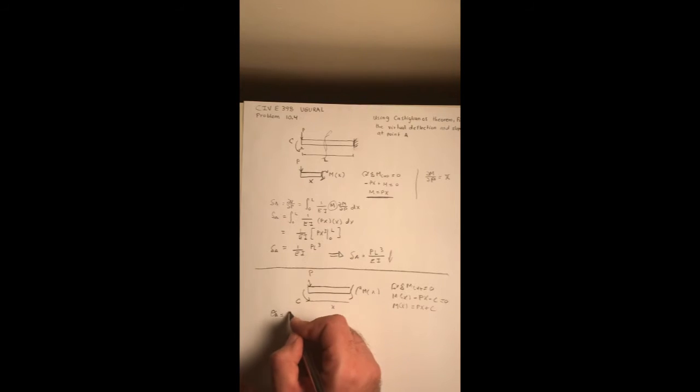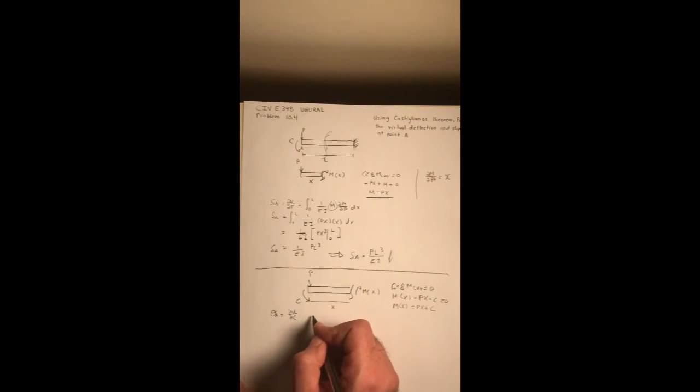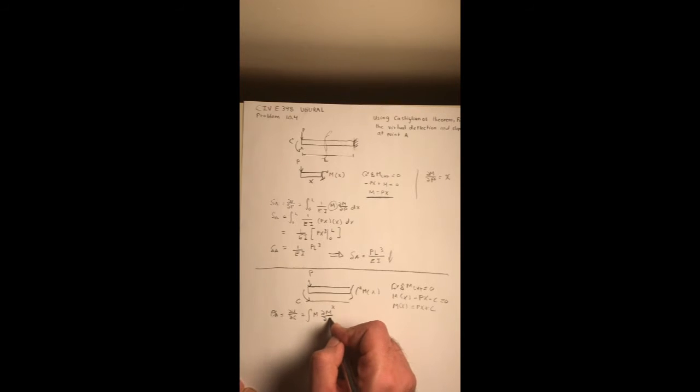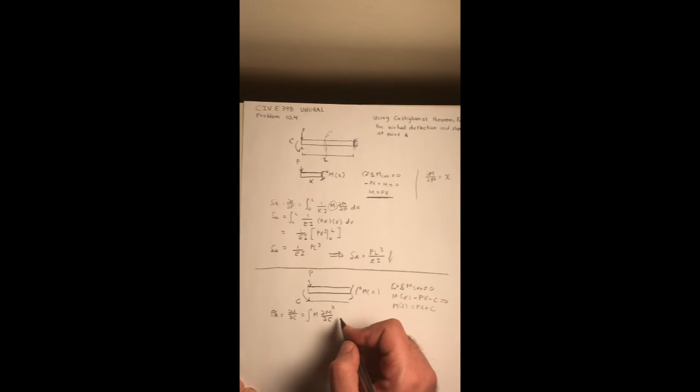And this time it's going to be partial U over partial C, which is equal to the integration of M, the derivative of M with respect to the couple that we had, dx.